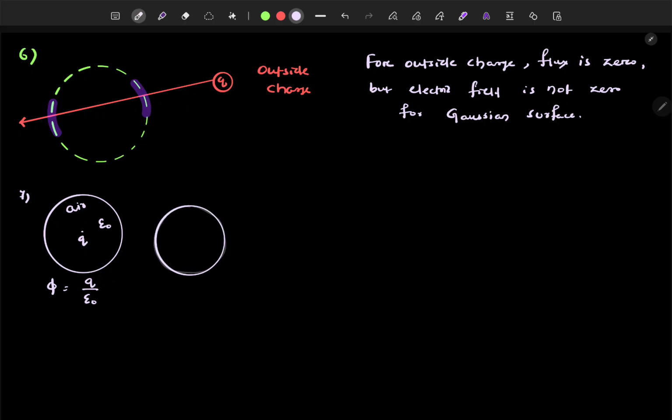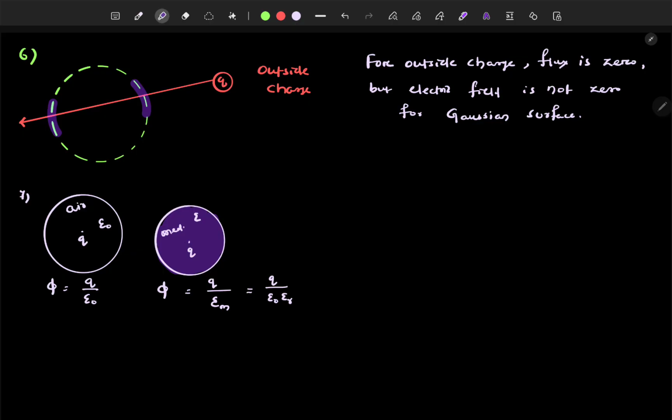In the second case, suppose a medium is present within the Gaussian sphere, and the permittivity of the medium is epsilon. At the center, Q charge is present. So what is the flux? Flux is equal to Q enclosed divided by permittivity of the medium. So we can write Q divided by epsilon naught into epsilon r.